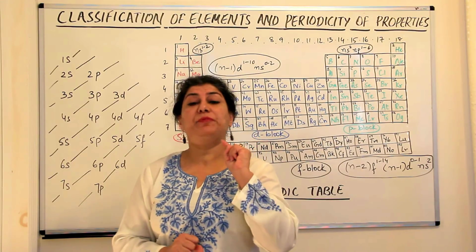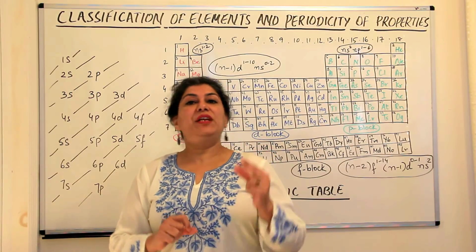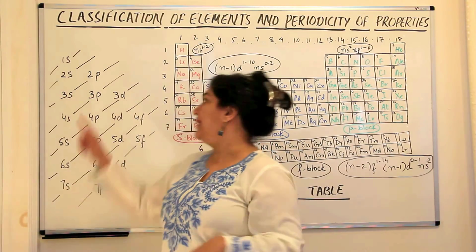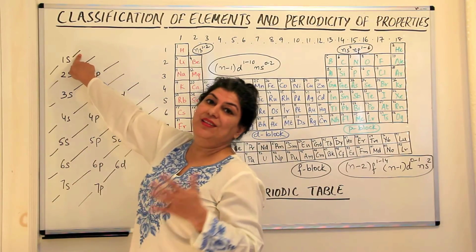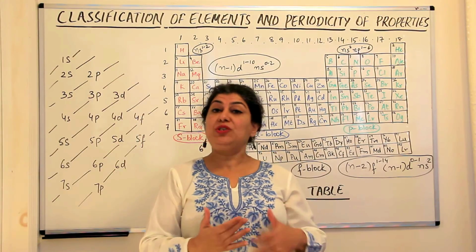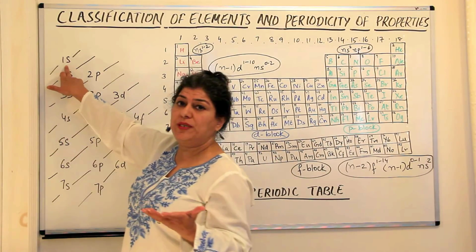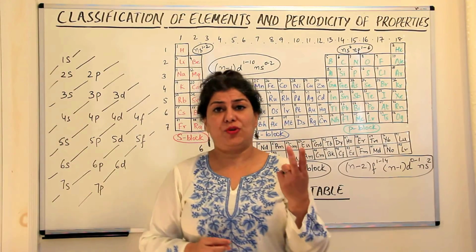The only exception to the octet rule is the duplet. That is, when you have only one shell, that is the first shell, then the first shell has a maximum capacity of only 2 electrons, so it's not possible to acquire an octet in that case, because it has only one s orbital, and an s orbital can have only 2 electrons.